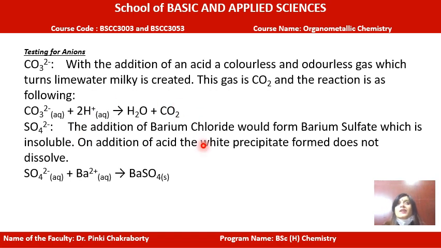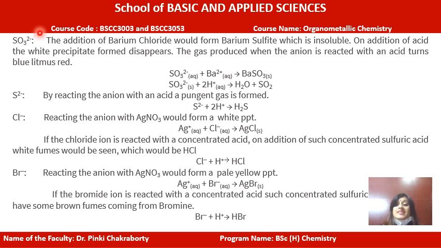Whenever a salt containing sulphate is dissolved in water, and in that water extract there is an addition of barium chloride, then there will be a white PPT of barium sulfate formed. That is because barium from the barium chloride will combine with sulfate and form barium sulfate PPT, right?